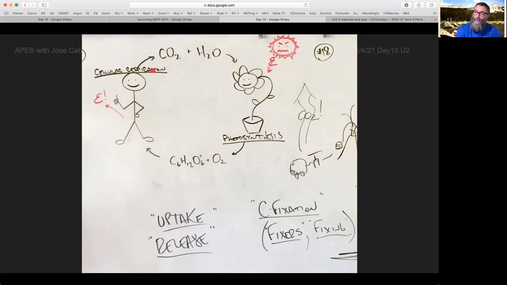So cellular respiration output is the input of photosynthesis. The output of photosynthesis is the input of cellular respiration. Okay? So that's CO2, carbon dioxide, that's H2O, water. This is O2, oxygen. And this is glucose, sugar, C6H12O6.